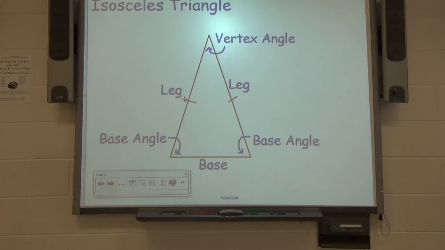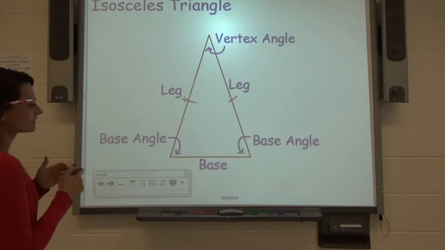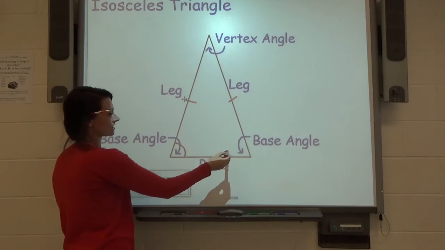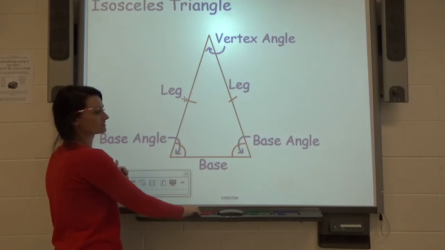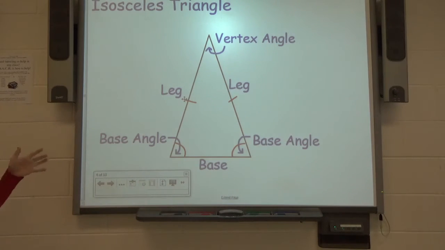I have a vertex angle, which is the angle created by the two legs joining together. And then the base angles are opposite from the congruent legs, and these angles here are congruent as well. So this is just some terminology that you need to know.